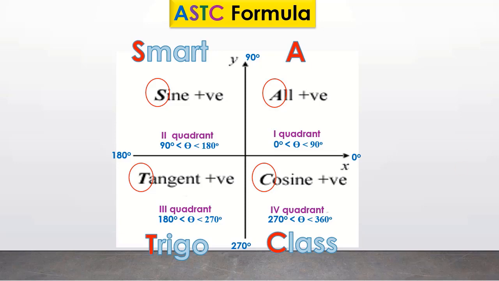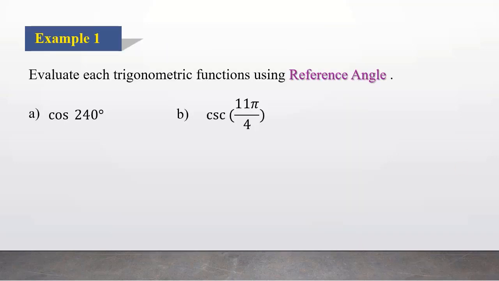So we try to evaluate each trigonometric function here using the reference angles. We have the questions: A, cosine 240 degrees, and B, cosecant 11 pi over 4.